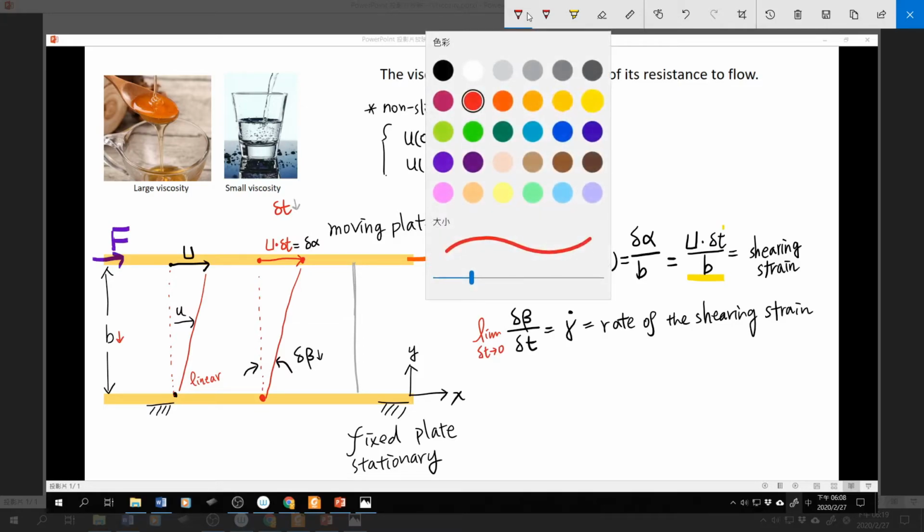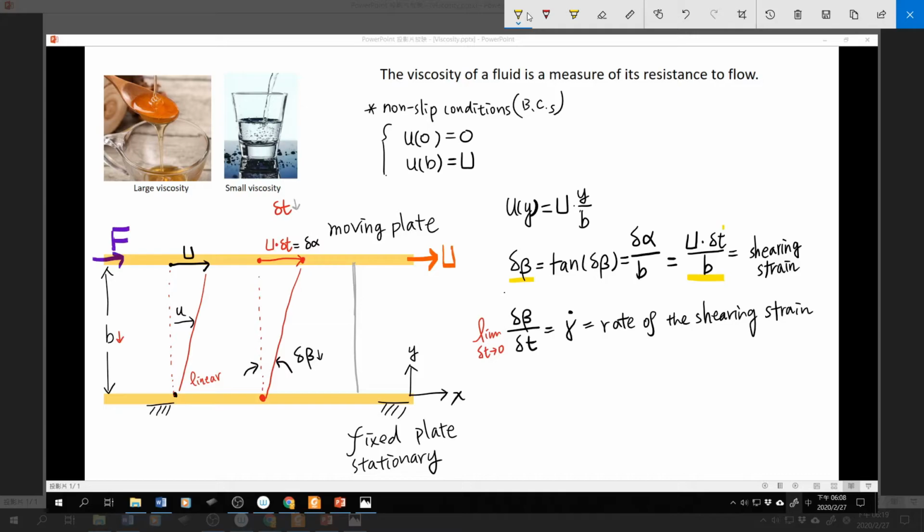Then you can just substitute this relationship into gamma dot. So this will equal to delta beta, which is u increment divided by b, and then there is no delta t, so it will become u divided by b, right?